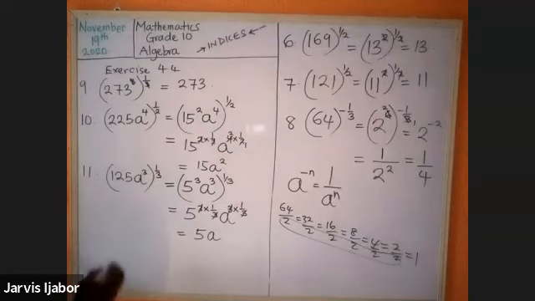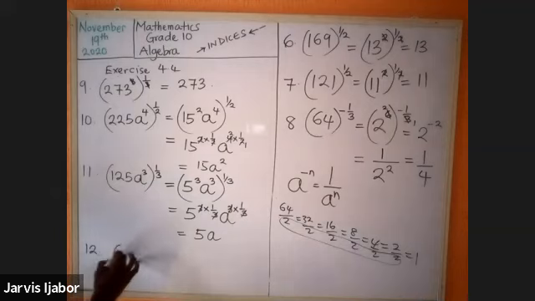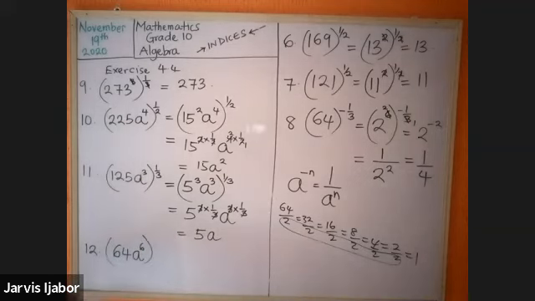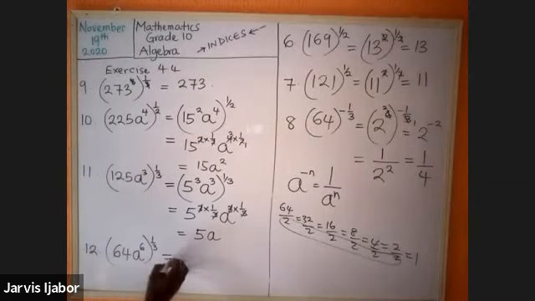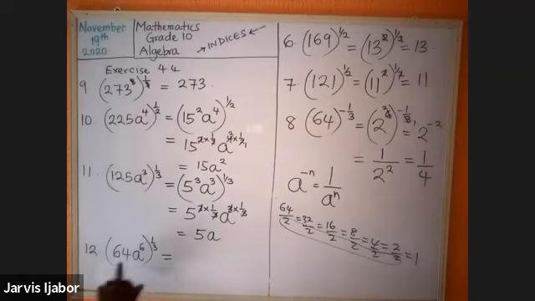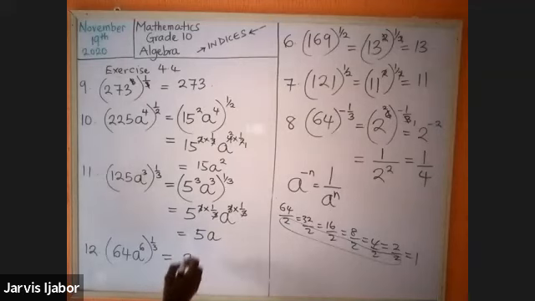Okay. So what about 12? In question 12, we have 64a raised to the power of 6, everything raised to the power of what? Raised to the power of 1/3. The prime factor of 64 is 2 multiplied 6 times.